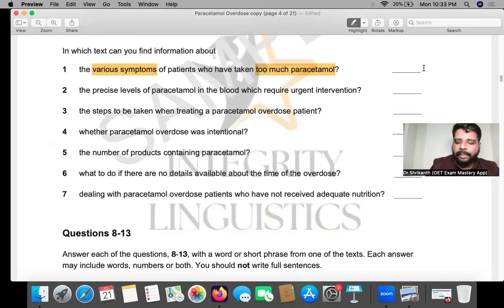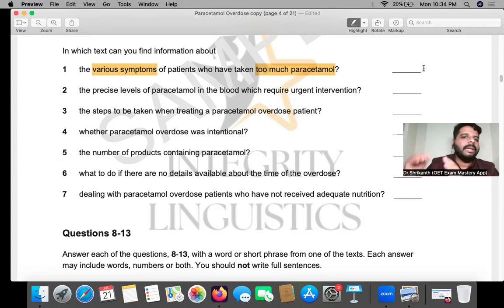How much time did you spend on that? Just a few seconds, right? You trusted your intuition. Without reading A, B, C, and D, you were able to go to text D. You had a memory of the question and you were reading with an aim, and you read that nausea and vomiting are the symptoms of patients who have taken a paracetamol overdose.